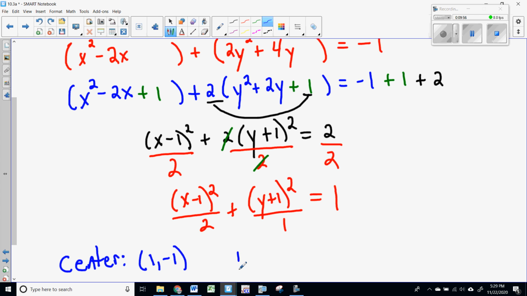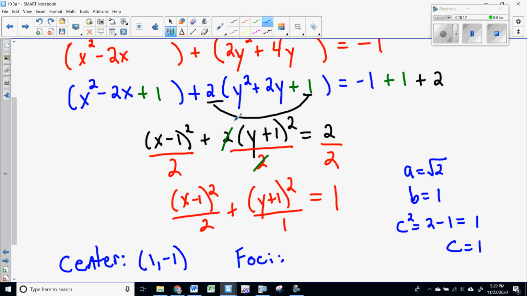Now, to find our foci, I need to know my A, B, and C. So over here, I can determine my A is the square root of 2. My B is 1. So my C squared is A squared minus B squared, which is going to be 1. So C is 1. You can see that our A is underneath the x. That means I'm going to be moving left and right for my foci. So this is 1 plus or minus 1, negative 1.